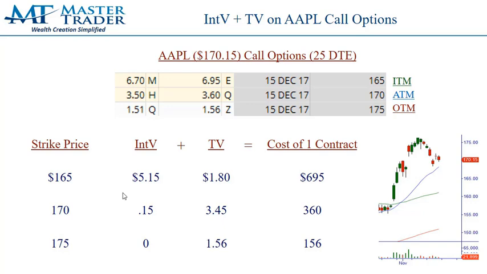Remember, if I have a coupon or contract that allows me to buy Apple at $165 a share and it's trading at $170.15, well, then I have $5.15 of intrinsic value. Everything else is time value. So I take $6.95 a share less $5.15 a share. That's how I get my $180 a share.